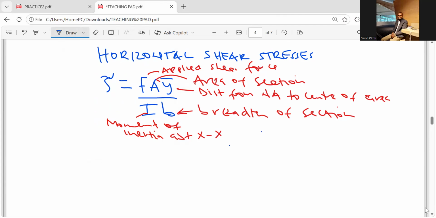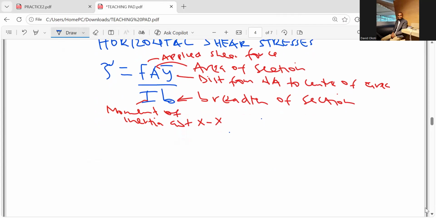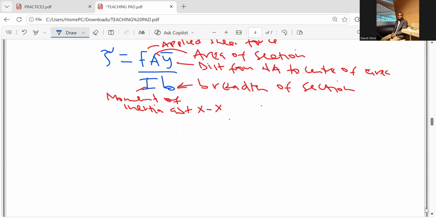But let's look at a rectangular section. How does the shear stress distribution happen for it? So this is shear stress distribution.